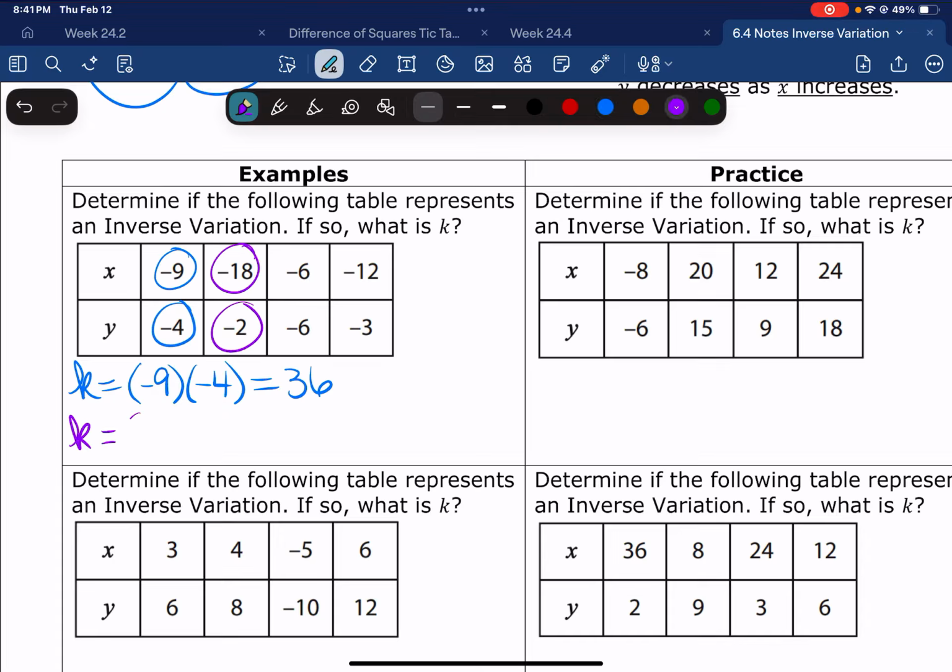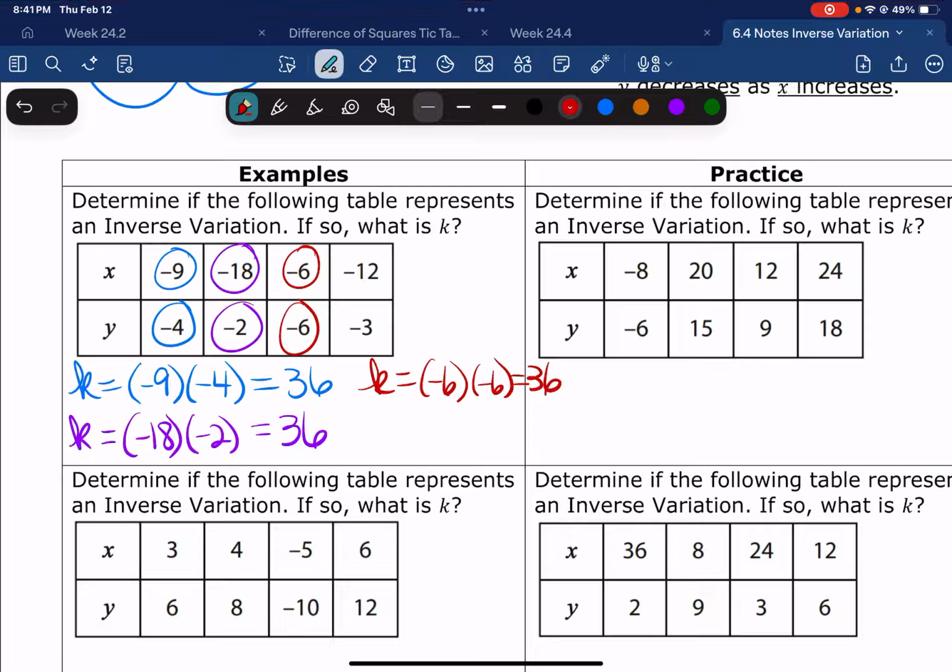That gives us -18 times -2, which again multiplies to give positive 36. So far, so good. Take our next corresponding set of values. That would mean k is equal to -6 times -6, which of course is positive 36. And our last corresponding set of values, k would equal -12 times -3, which is still positive 36.